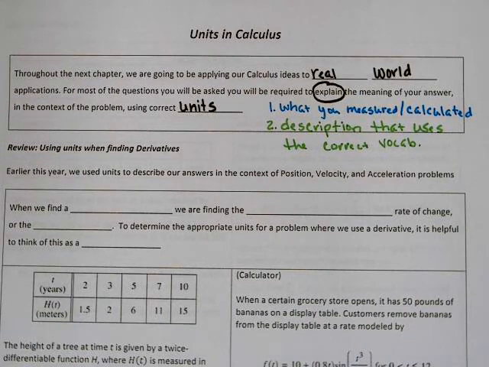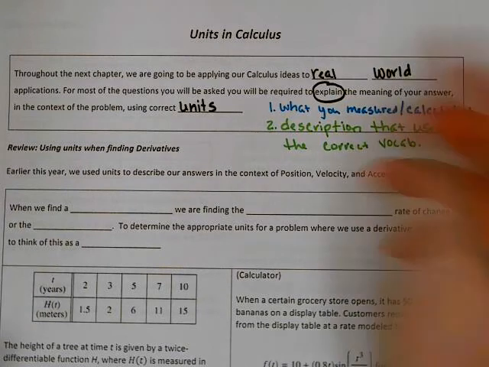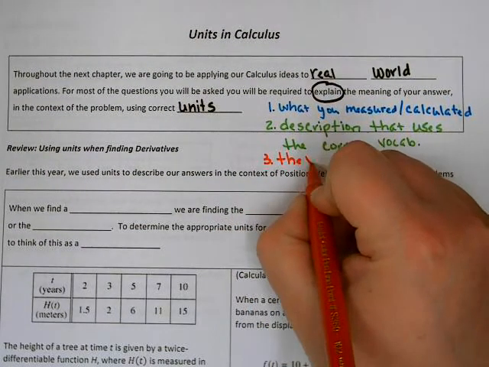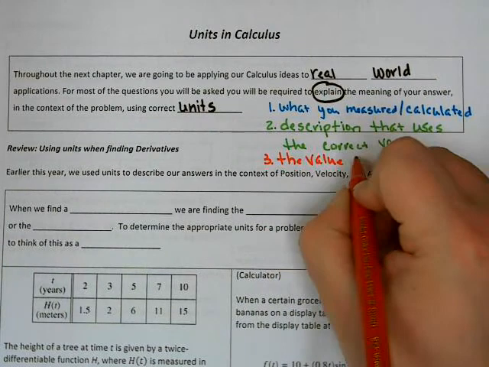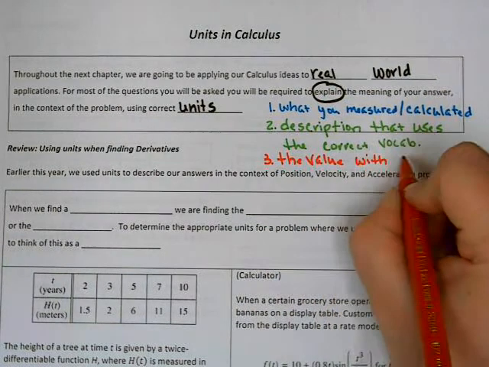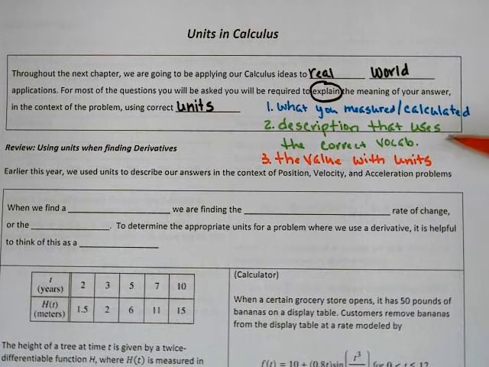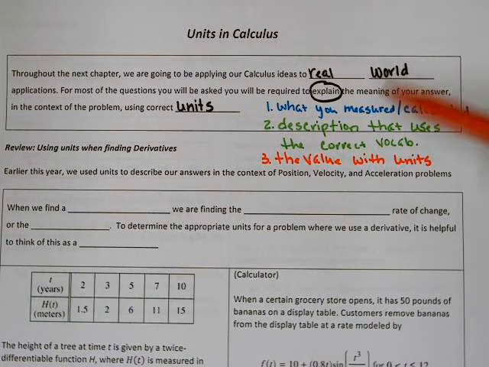And then the last part of this is going to be the value that you found with the correct units. So really, getting the right answer, the right number, is only one part of this explanation.